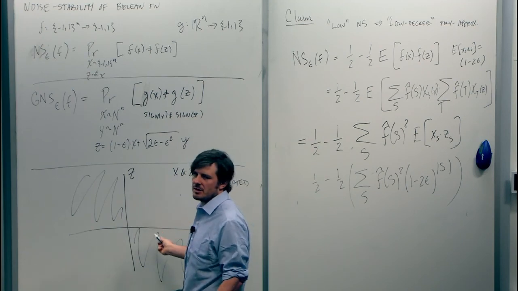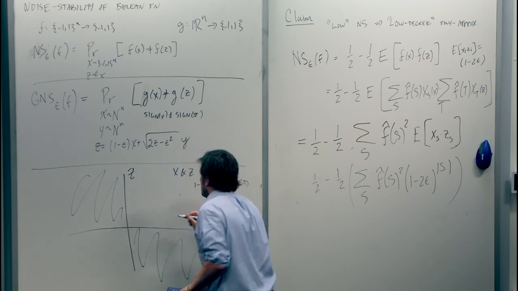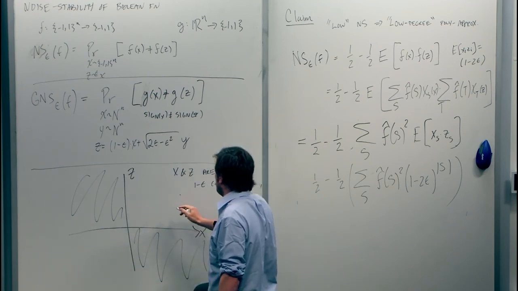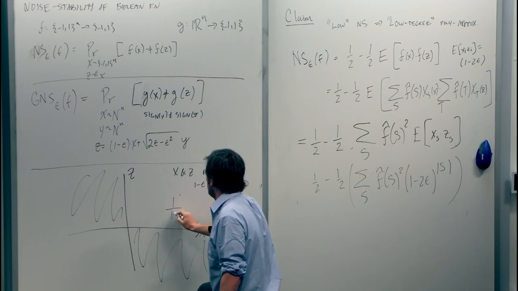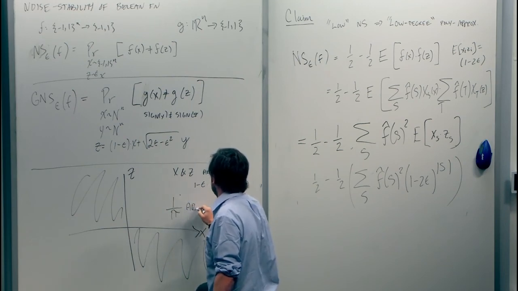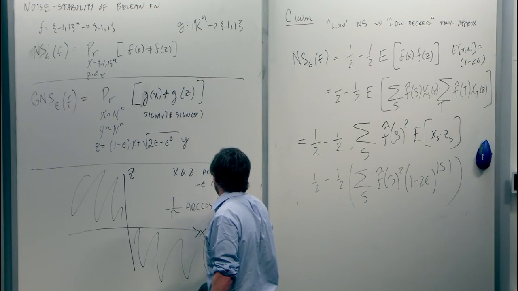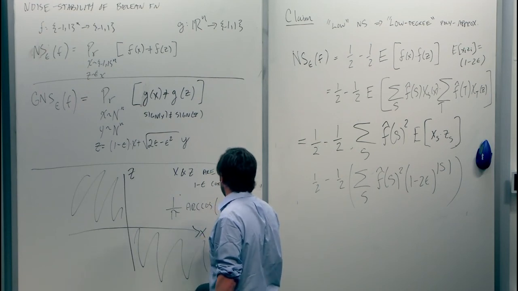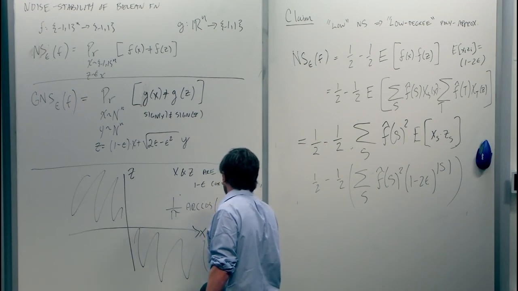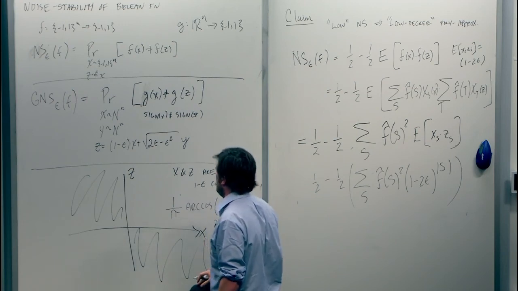And this is a classical thing in probability. It's 1 over pi times the arc cosine of 1 minus epsilon. This is approximately square root of epsilon.